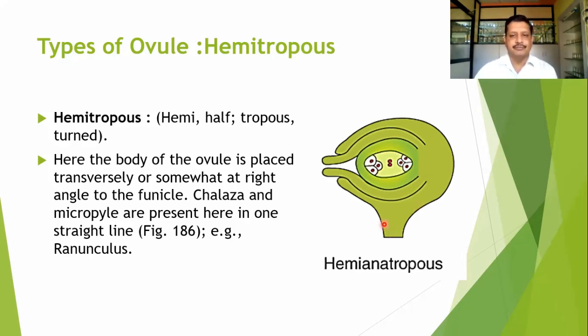So this is the funiculus area, where you can find this is completely at a right angle to the funiculus side, and the chalazal and micropylar ends are present in one straight line. Here you can find the micropylar and chalazal ends at one line, but it is at a right angle to the funiculus. It is found in Ranunculus, where this type of ovule is also known as the ranunculaceous type of ovule.